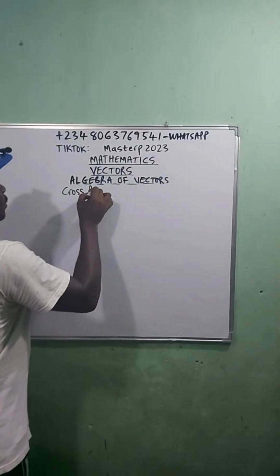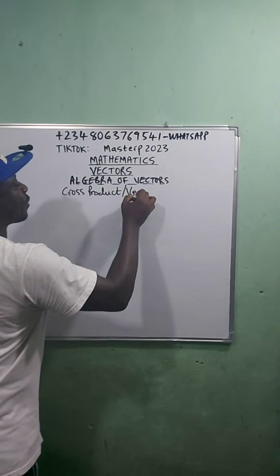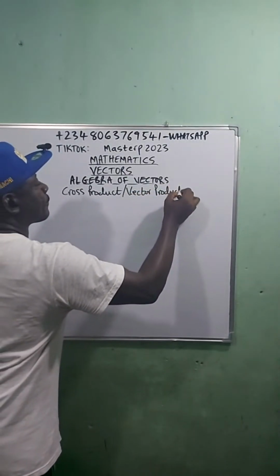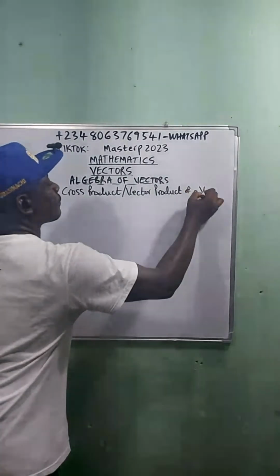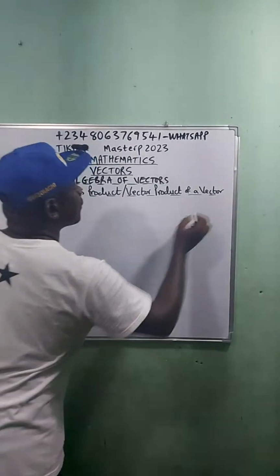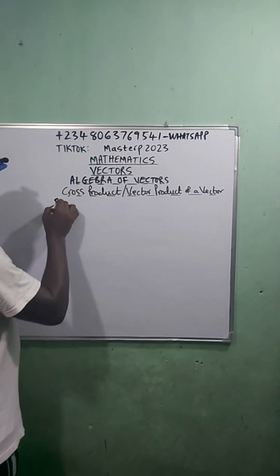So cross product, you can call it cross product or you can call it vector product. So let's get an example on that.